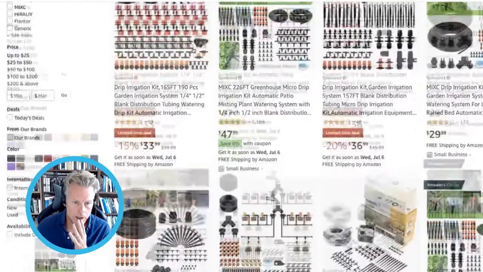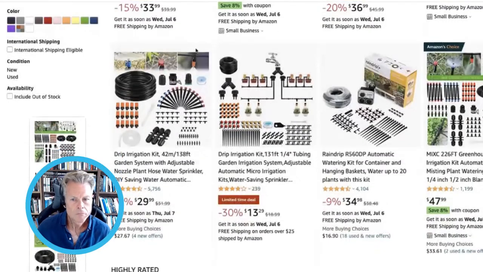Okay, so then the question is how to figure out what's important to them at that particular juncture. So you're selling a drip irrigation system. So it's a gardening thing. Okay, so they're going to get a kit in the mail.